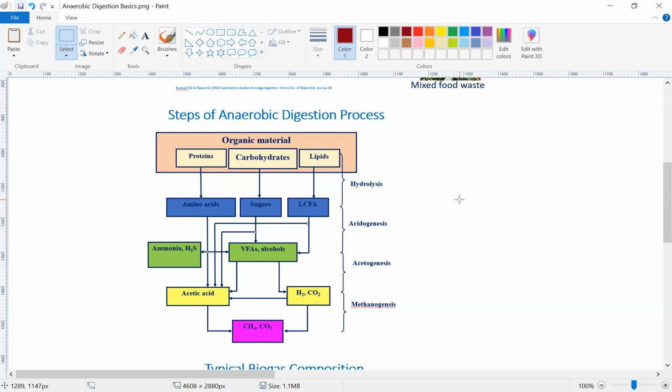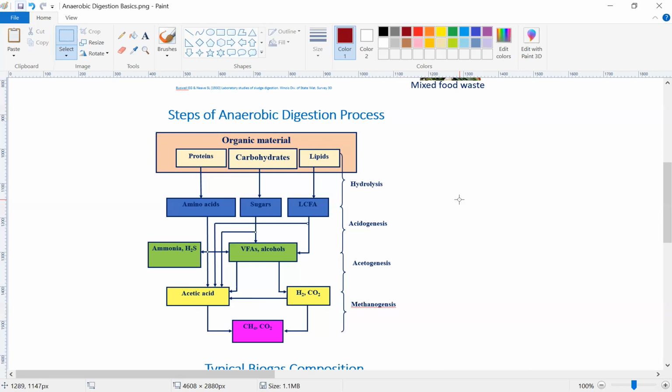So basically these four processes can happen at the same time, because it's not really one way, it's something mixed, and you can find a lot of intermediates and still find biogas produced.